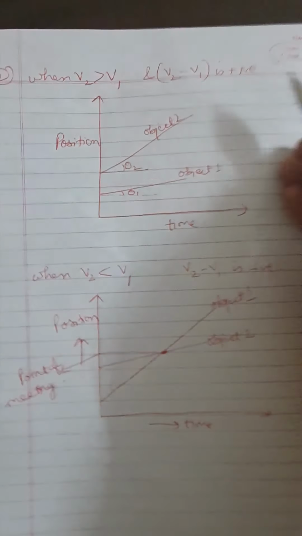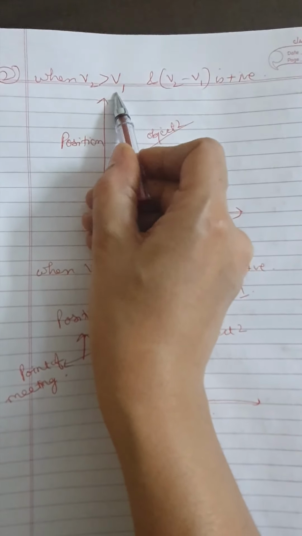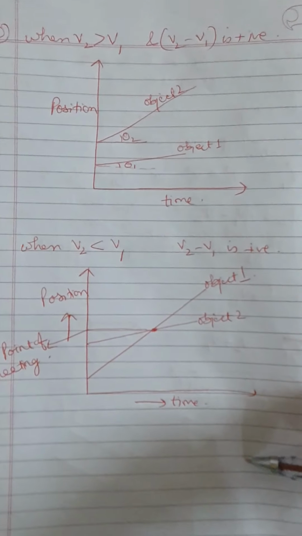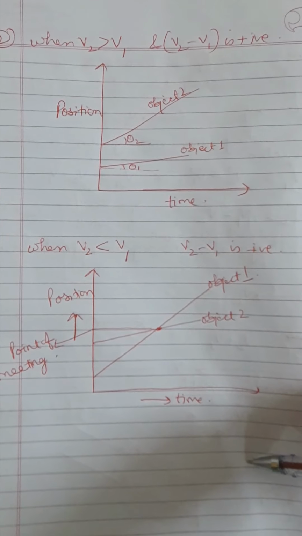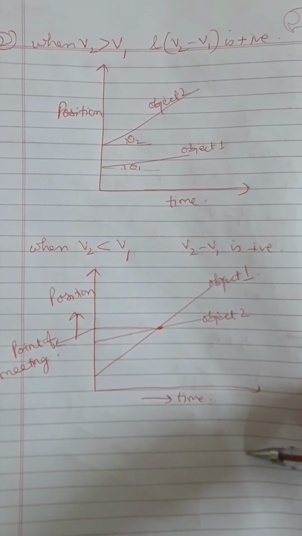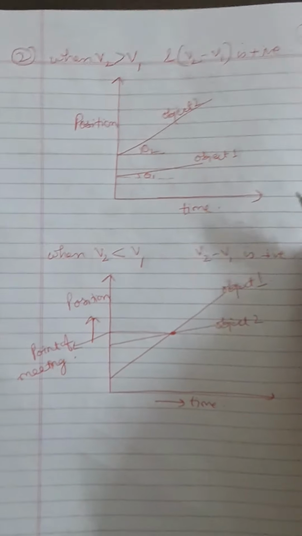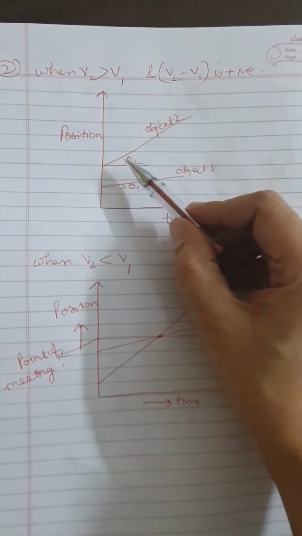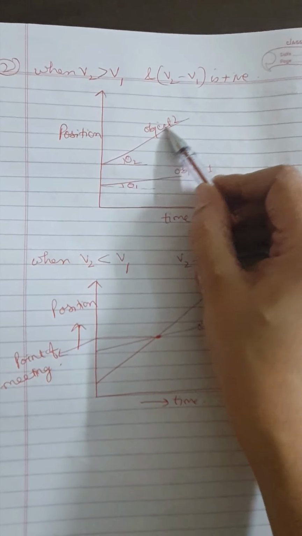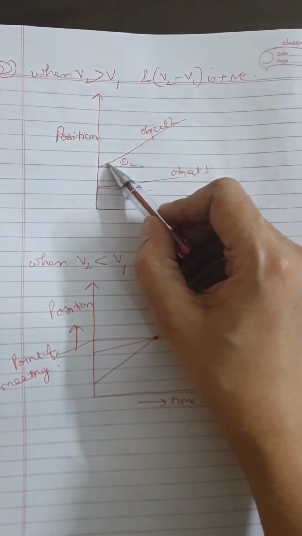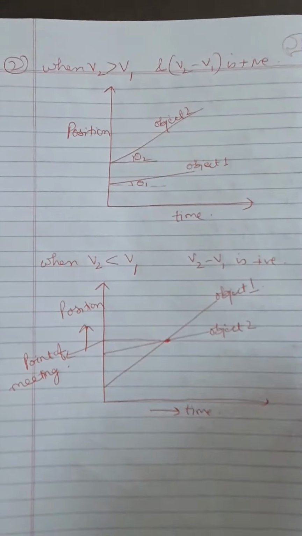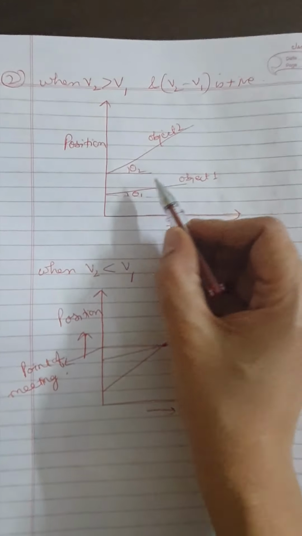Now next case is when v2 is greater than v1, means velocity of object 2 is greater than velocity of object 1. Students, in a graph, velocity is shown by the slope of the graph. Please draw straight lines. Here it is not perfectly drawn as a straight line.